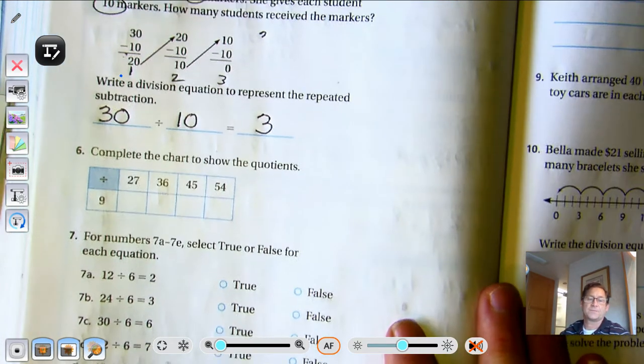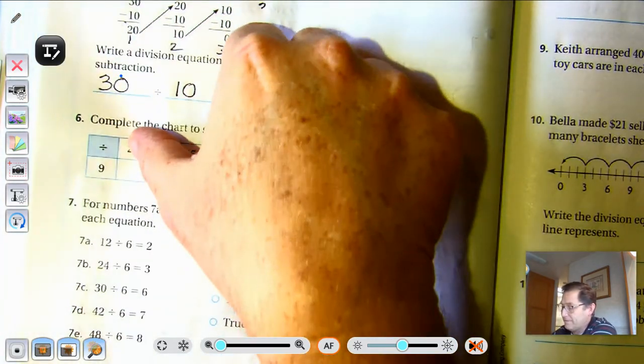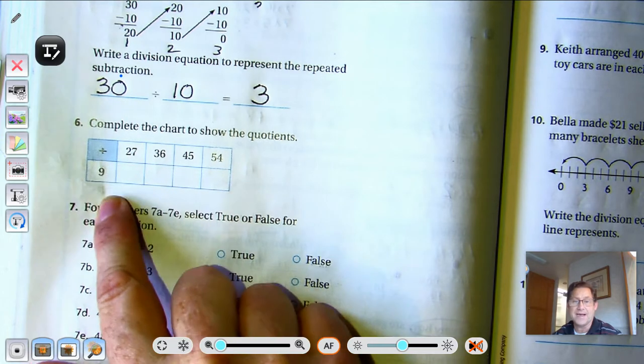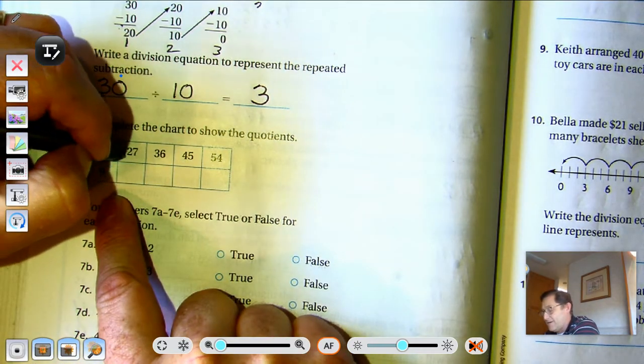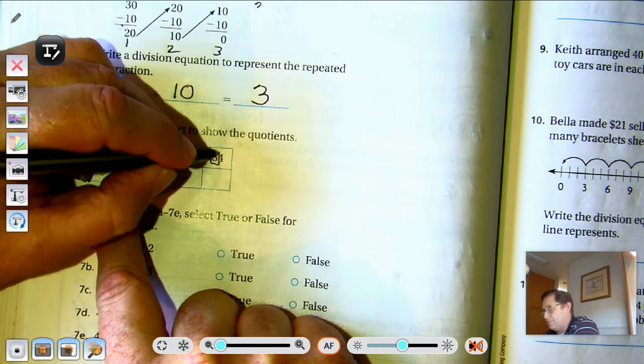Number 6, complete the chart to show the quotients. So remember, 27 divided by 9 is how that's read. And since I'm dividing by 9, the opposite would be 9 times something.